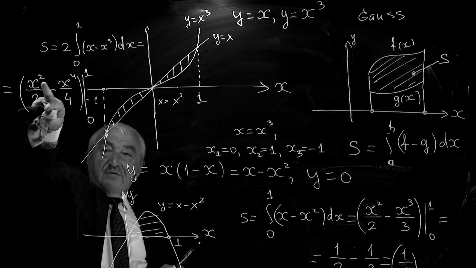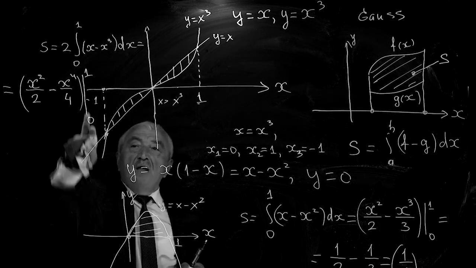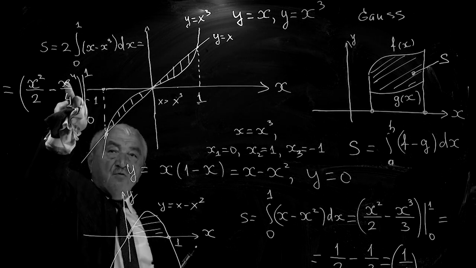Why? The derivative of x squared is 2x. The derivative of x to the power 4 is 4 x to the power 4 minus 1.